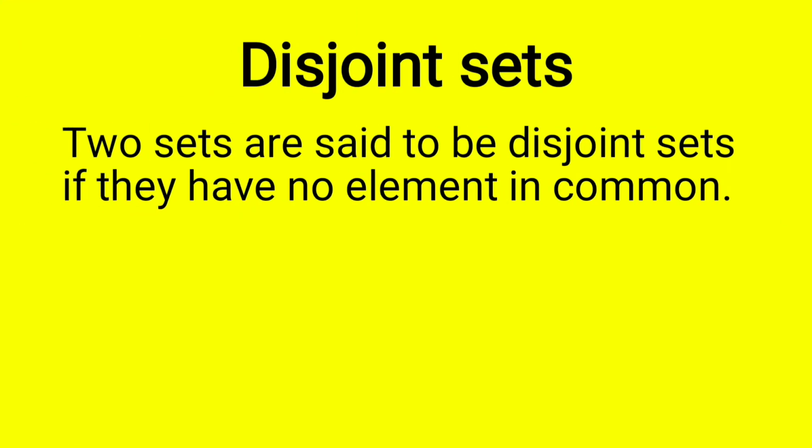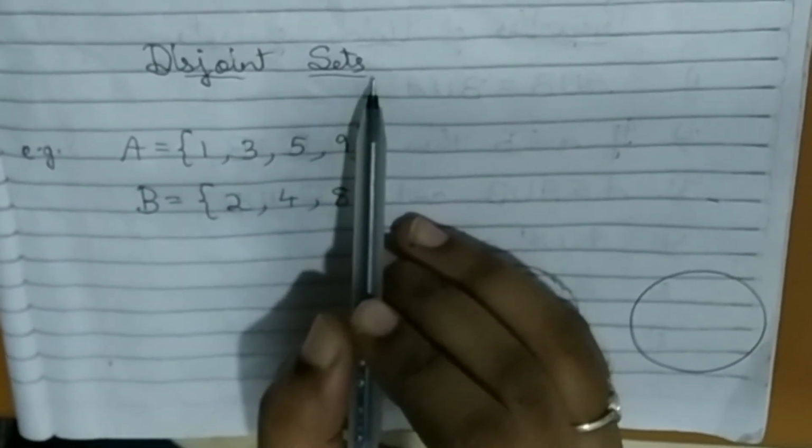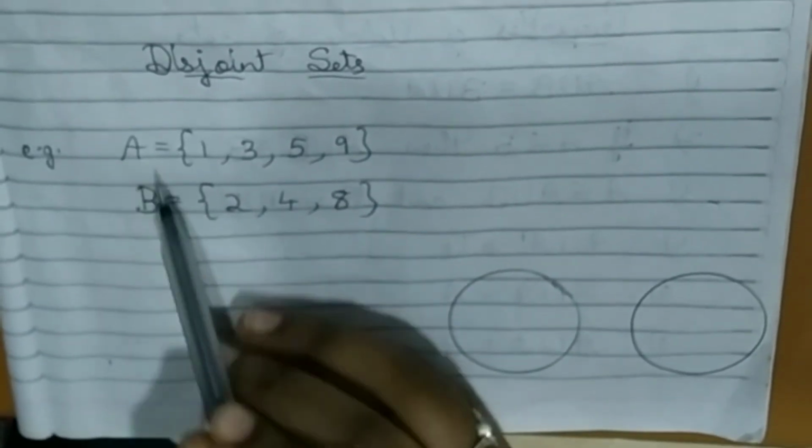Disjoint sets. Two sets are said to be disjoint sets if they have no element in common. We will see this with an example.